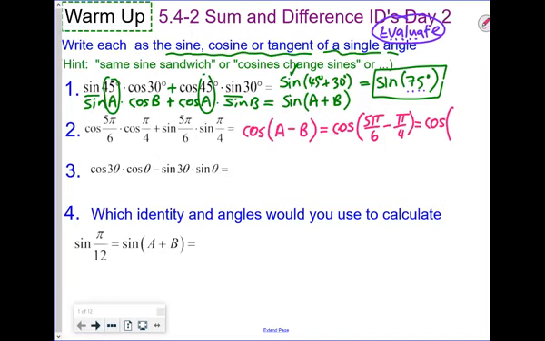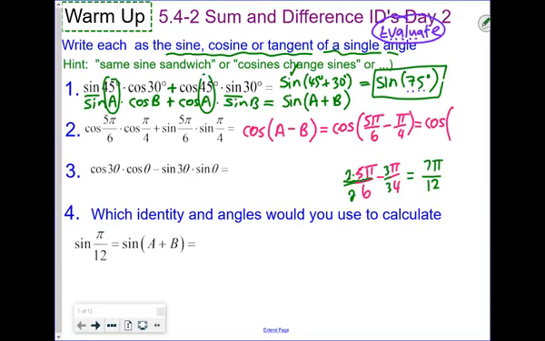Adding fractions, this is work you can probably do in your head, so it doesn't need to be shown. I'm going to put them over a common denominator of 12. So that's being multiplied by 2 over 2. This one's being multiplied by 3 over 3. So I've got 10 pi minus 3 pi.